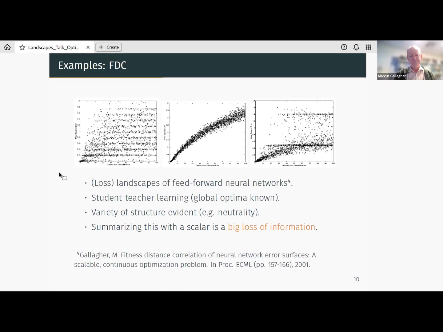So this is perhaps an indication of what's called neutrality, so lots of sort of flat areas on the landscape. There's interesting things to see in there.